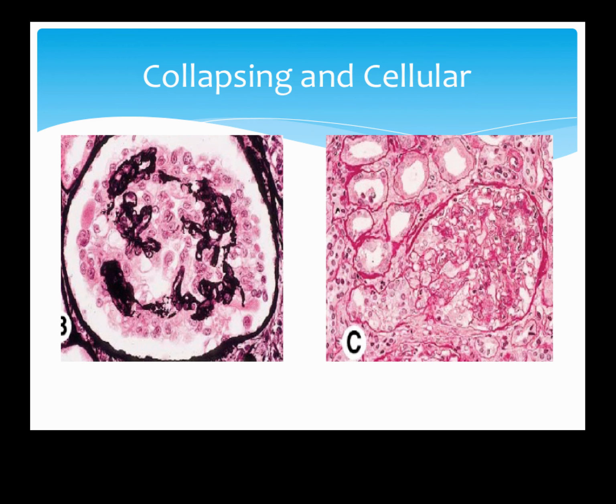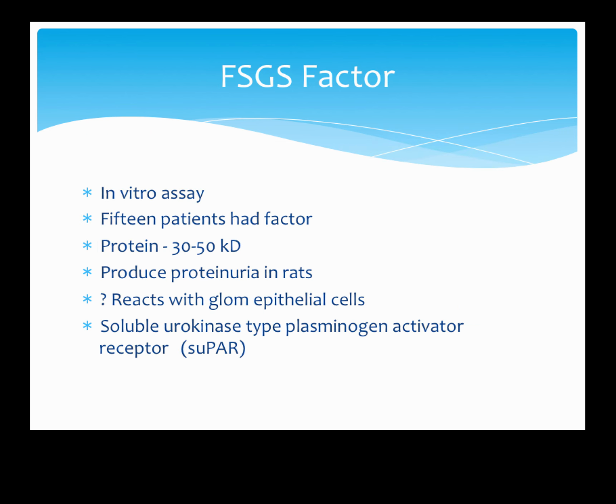The one on the right is a much less common type of focal segmental glomerulosclerosis called the cellular type. It has been known for quite a while that there often is a circulating factor in the serum of patients with focal segmental glomerulosclerosis that damages the podocytes and gives rise to the nephrotic syndrome in these patients.